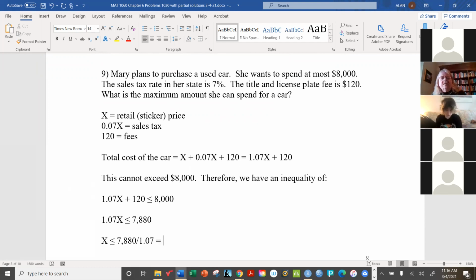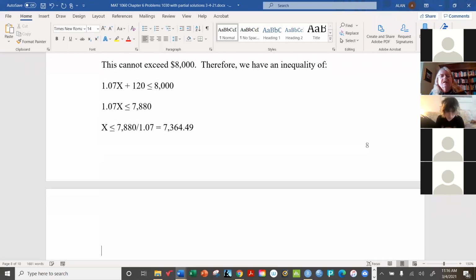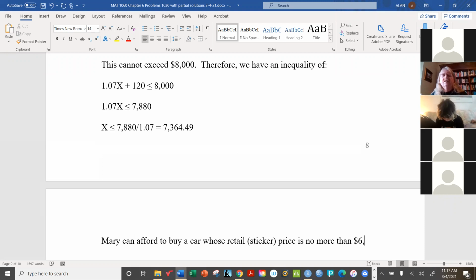And again, I'm going to need to round this into dollars and cents. 7880 divided by 1.07 is 7364.49. So that means Mary can afford to buy a car whose retail price or sticker price is no more than $7,364.49.